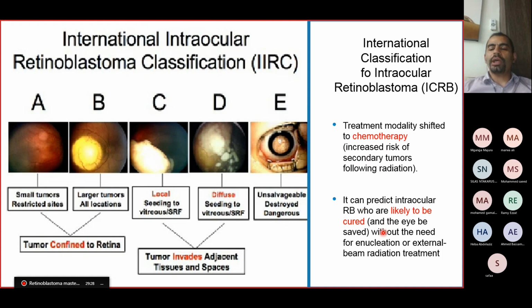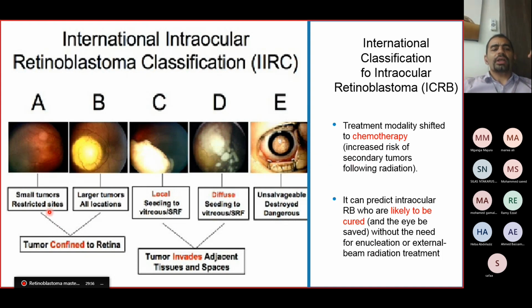So here we are not talking only about salvaging the eye. We are talking about curing the condition and preserving the vision, and not only the eye. Because of the improvement in chemotherapy, the need for enucleation or external beam irradiation has become less and less nowadays.